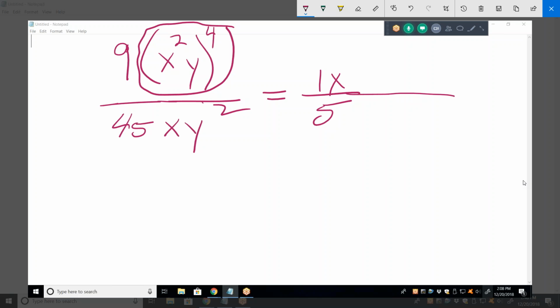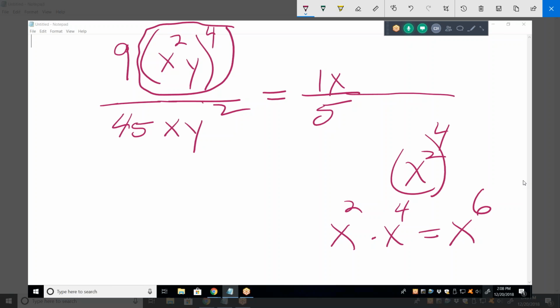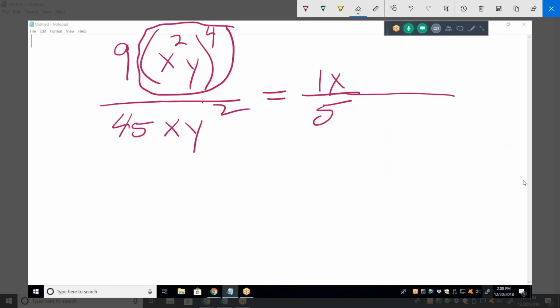We are double exponentiating. When you double exponentiate, you multiply your exponents. When you just do straight multiplication, if I was doing x to the second times x to the fourth, then I add. But if I'm doing x squared to the fourth, that's completely different. That's x squared times x squared times x squared times x squared. So you're going to multiply there and get x to the 8th. Okay? So that's x to the 8th. Y what?